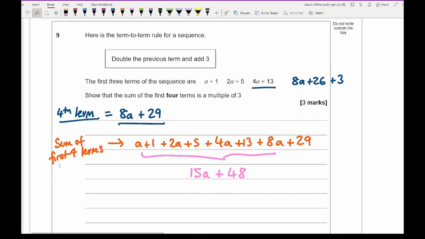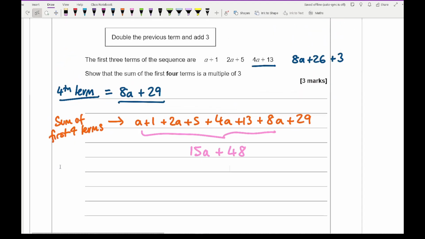Now, when it comes to showing that it's a multiple of 3, well, we could say that multiplying 3 by 15 equals a number that is a multiple of 3. 48 is a multiple of 3.